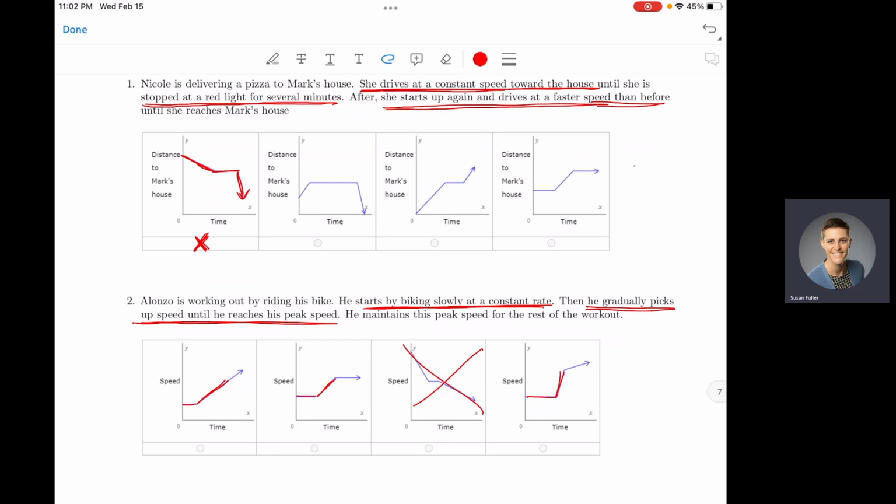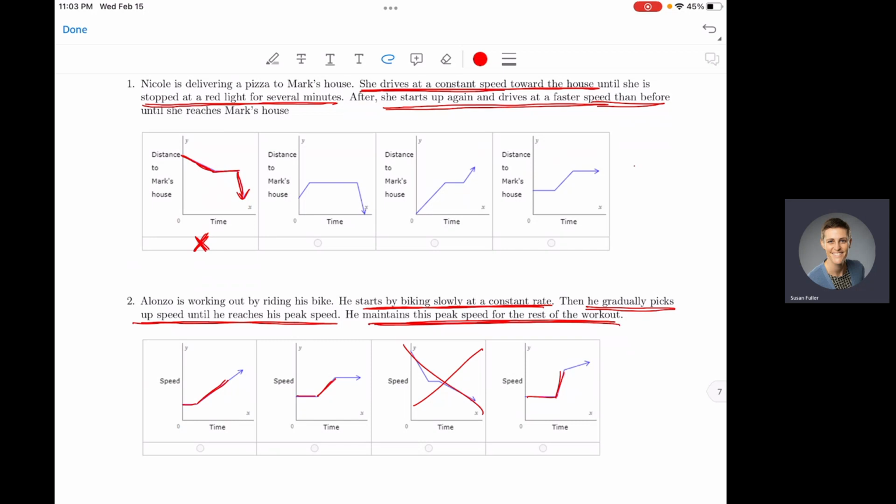Okay, so then after he picks up speed until he reaches his peak speed, he maintains this peak speed for the rest of the workout. So if he maintains his peak speed, what's happening to your speed during that part? Well, if you maintain your speed, that means it's going to go flat again.